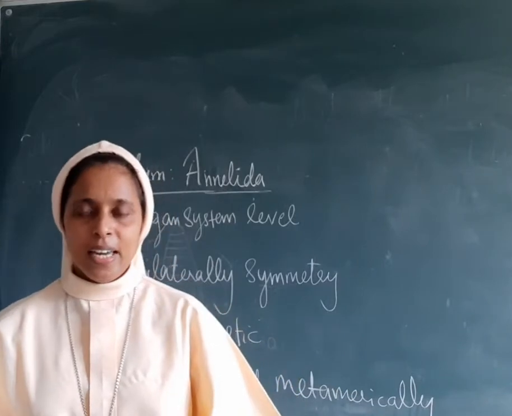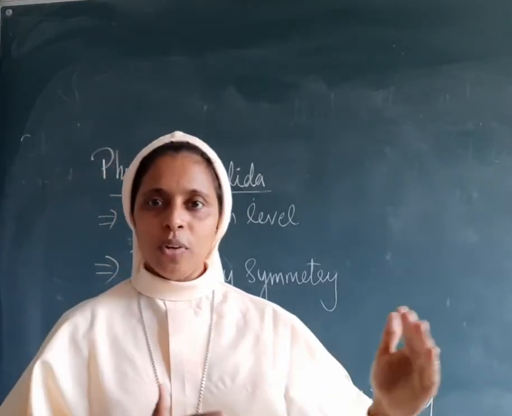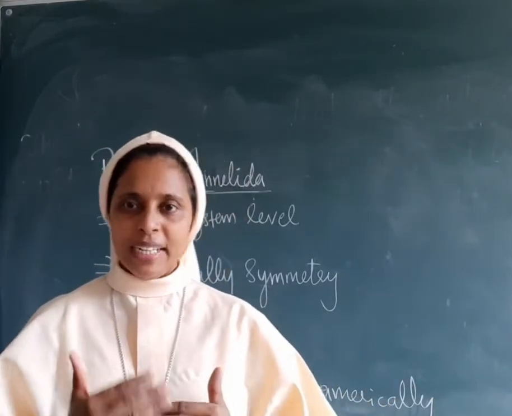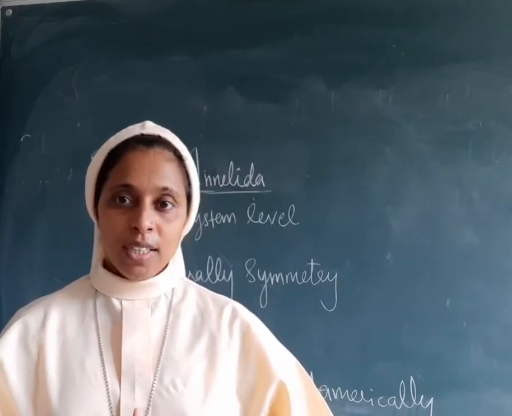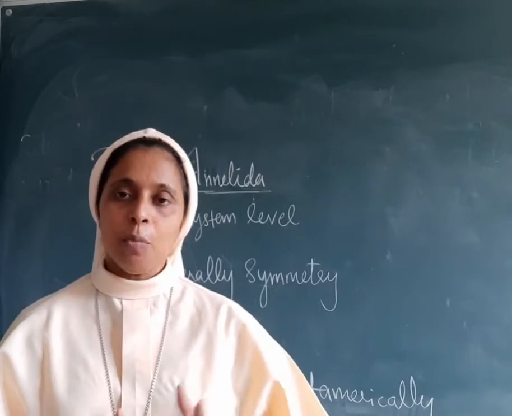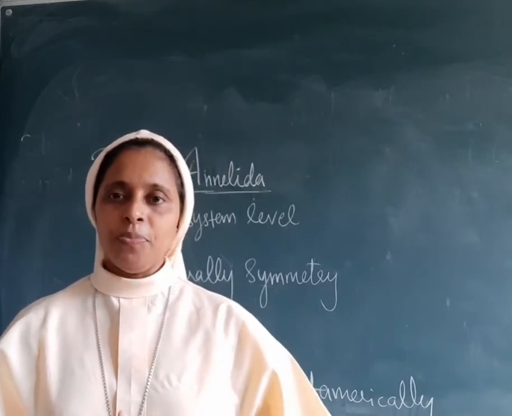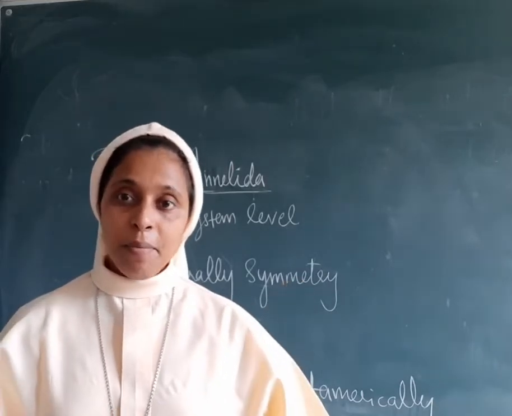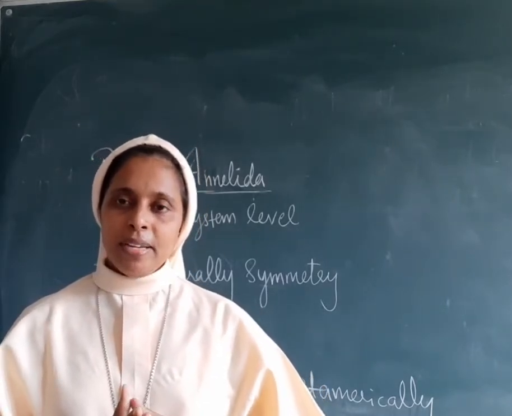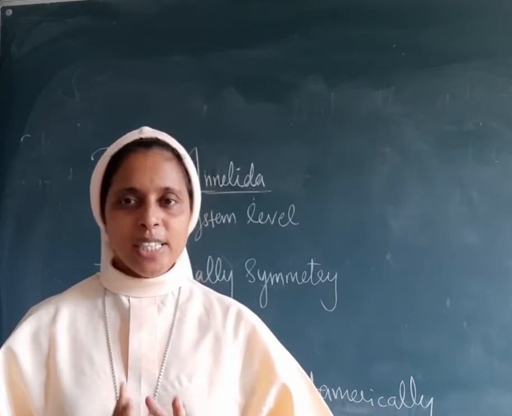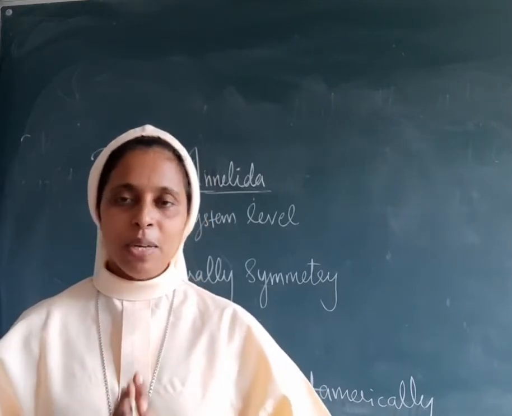As we move towards the phyla, we will understand it more clearly. Then the next basis is segmentation, whether the body is segmented. Then symmetry, body symmetry mainly. There are two types of symmetries we have learned: bilateral symmetry as well as radial symmetry.